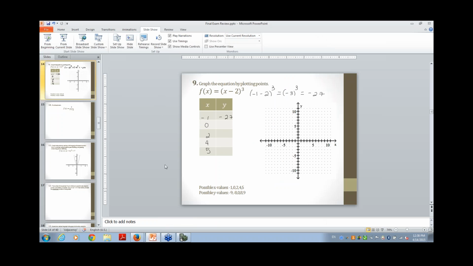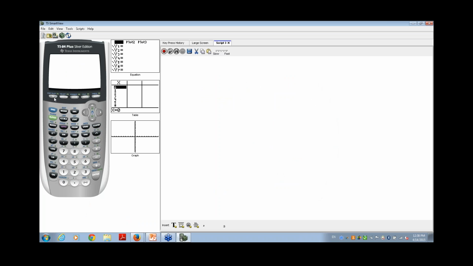Okay, so my calculator is right over here. What you can do is go to your y equals and punch in the function that you need. In our case, I'm going to open parenthesis, x right here, minus 2, close parenthesis.